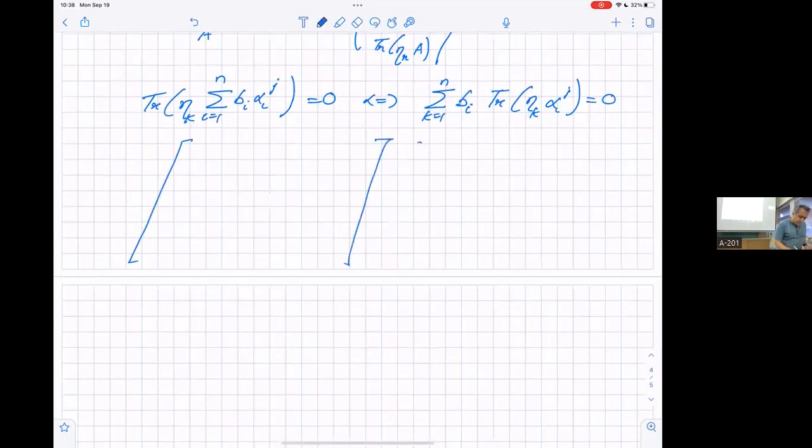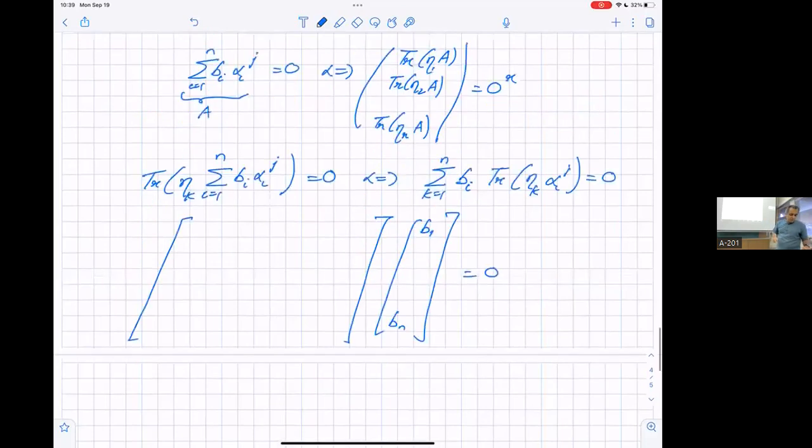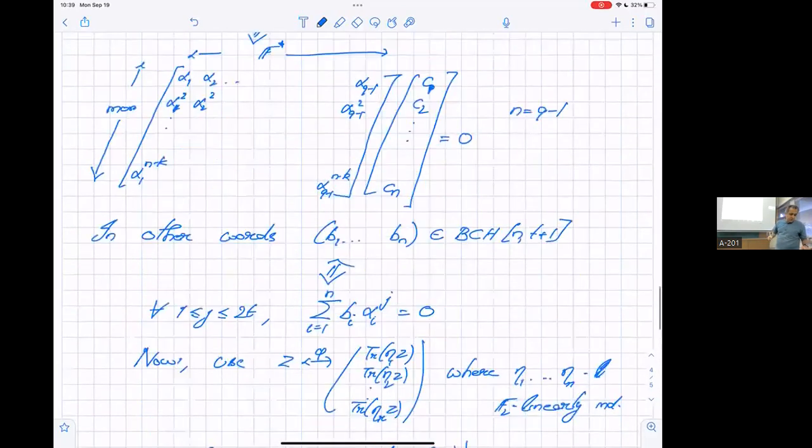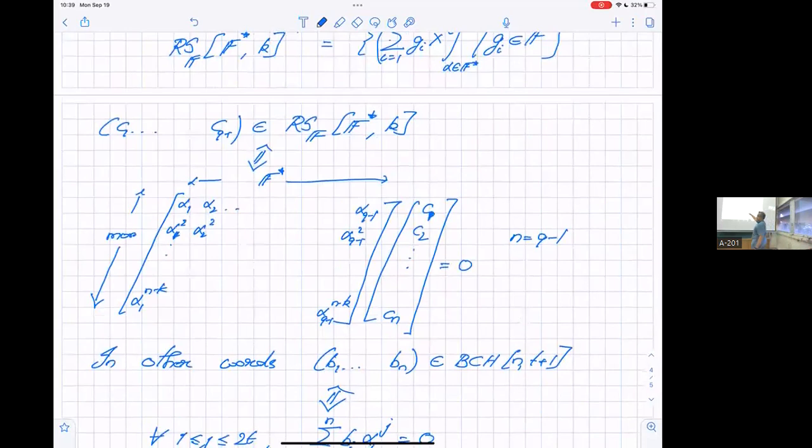So what's happened over here, if you look at it, is this. Previously there was this b1, b2, bn that you needed to be 0. Previously, what I had put in this matrix was this matrix.